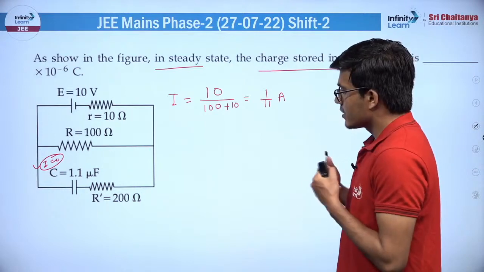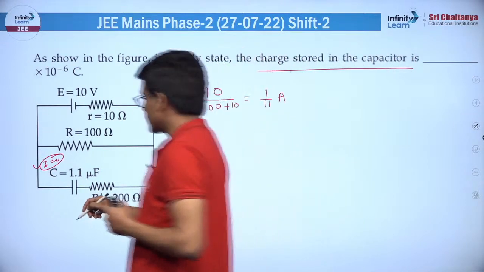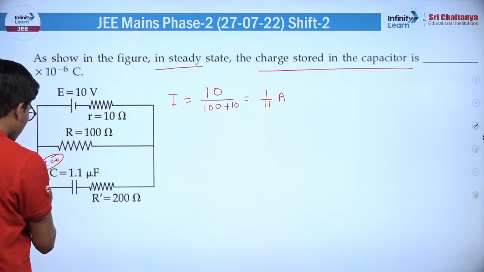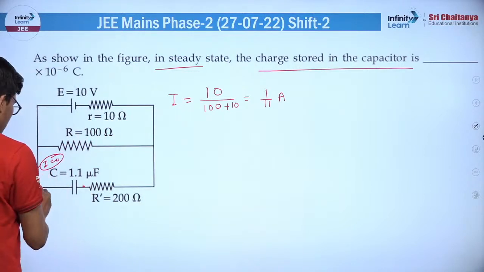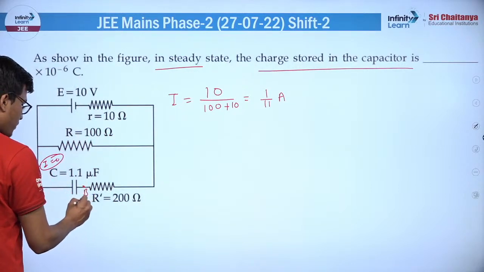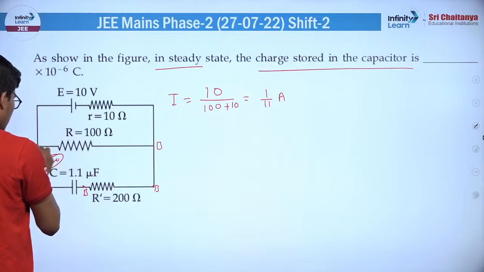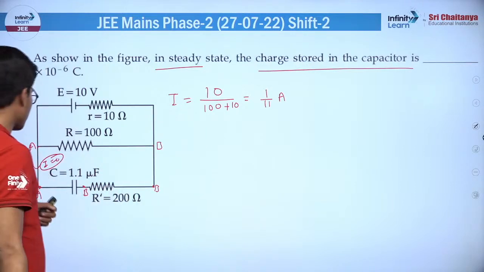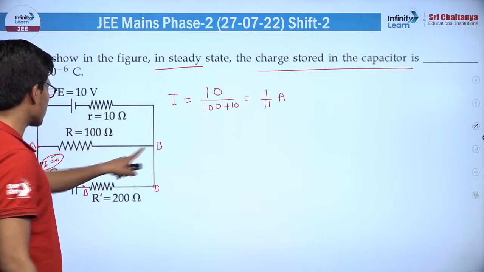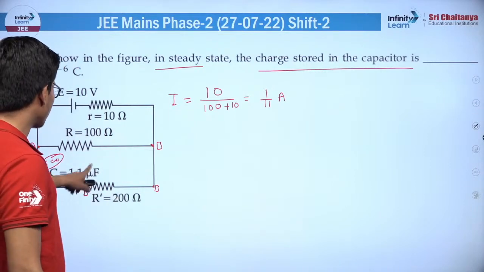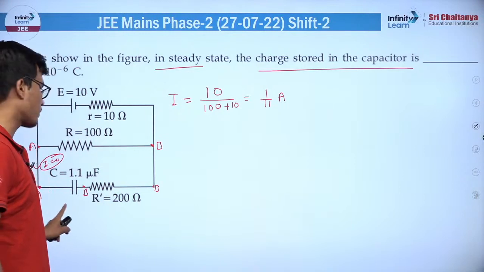All right. Now I want the charge across this. For that I must know the potential difference across this. So if this is my A point and this is my B point, definitely the potential will also be here B and here A. Why? Because there is no current in this resistance. So if I can calculate the potential difference across these 2 points, I would be able to calculate the charge across this capacitor.